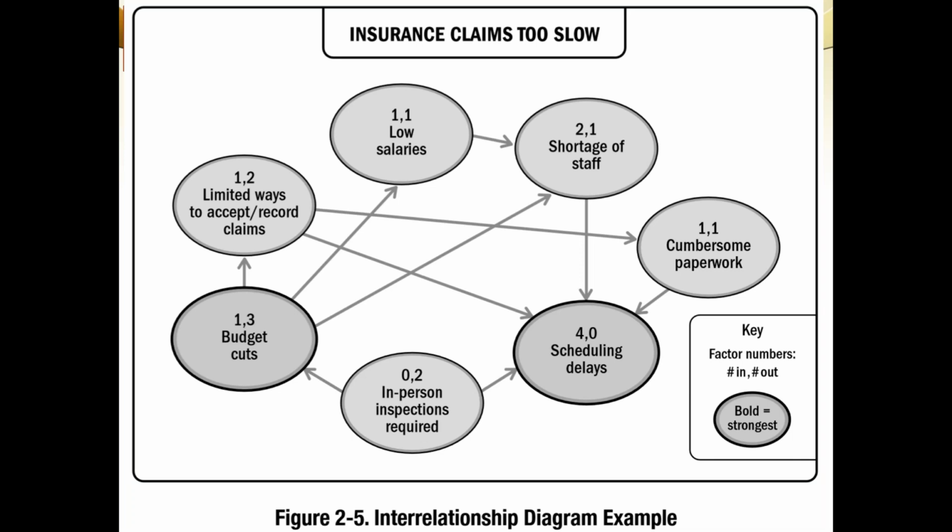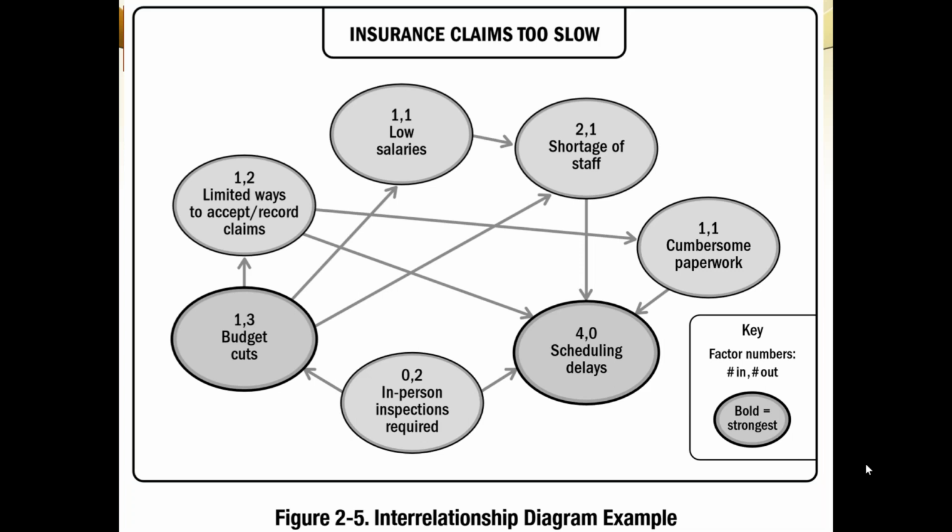Right? So you see the whole net has been established and we see there is no relationship between limited ways to accept record and low salaries. There is no relationship between shortage of staff and cumbersome paperwork. There are two different things.